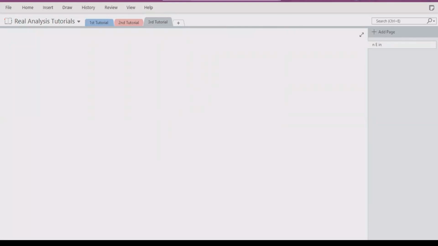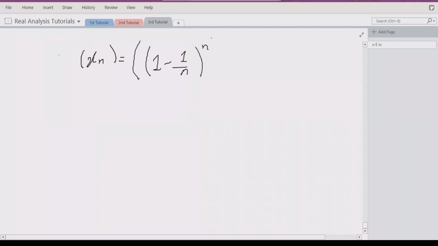Now part C is the same, but here the problem is the negative sign. Let me write Xn equals 1 minus 1 over n raised to the power n.